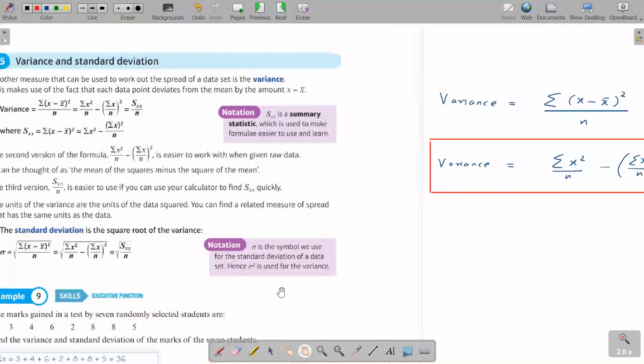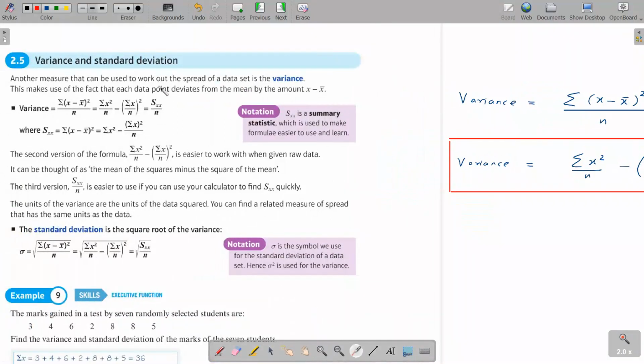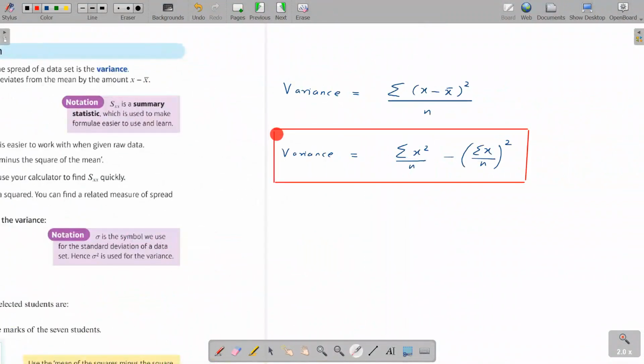I think you can see they have given you another equation over here as Sxx over n. You might not be familiar with Sxx at this point, because you learn about it in chapter 6 and chapter 7, so we will learn about this when we come to the summary statistics in that chapter. At this point, for variance, we will be working mainly with this particular equation, sigma x squared over n.